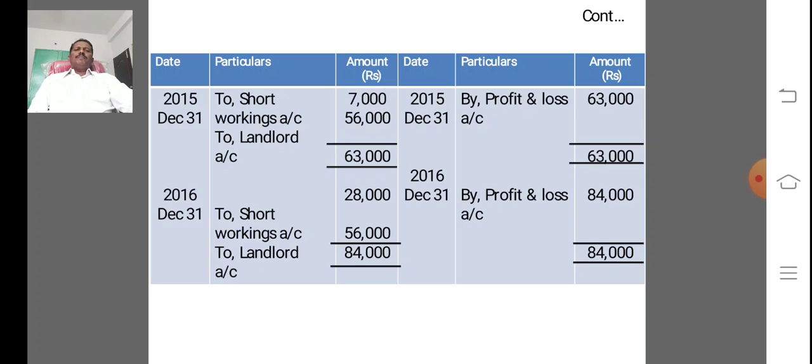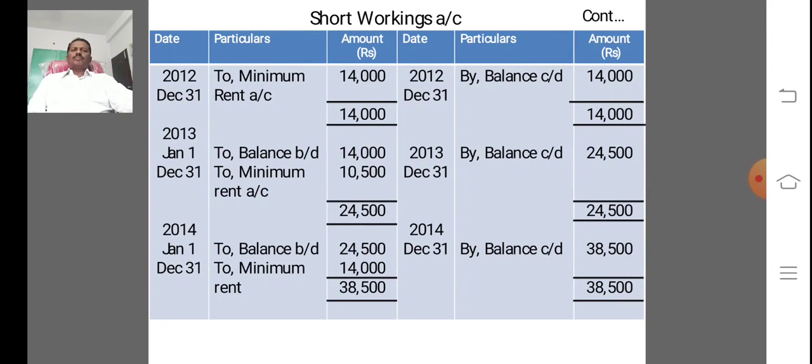In the year 2015, debit short workings account 7,000, debit landlord account 56,000, credit profit and loss account. In 2016, debit short workings account 28,000, landlord account 56,000, total 84,000 is credited to P&L account.